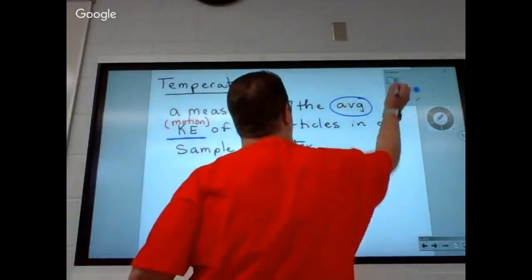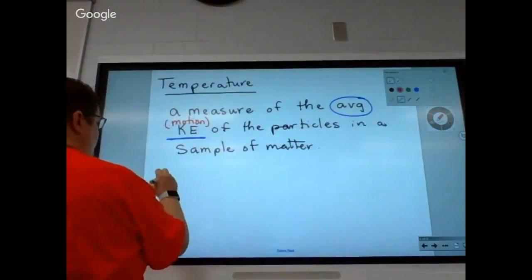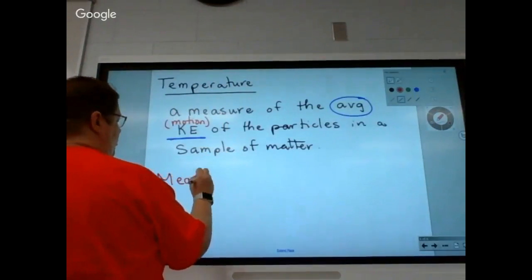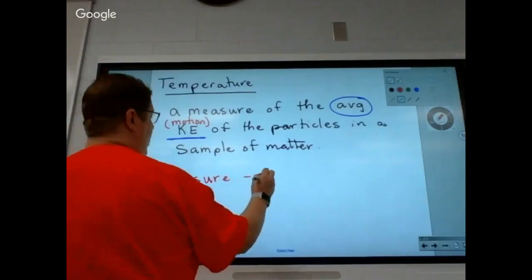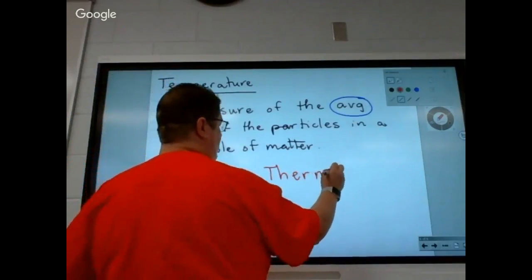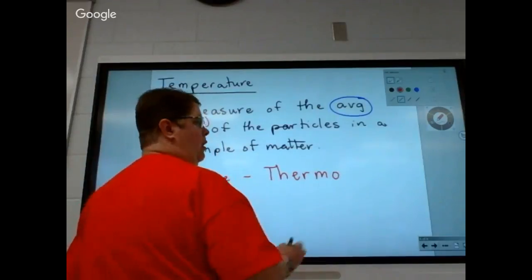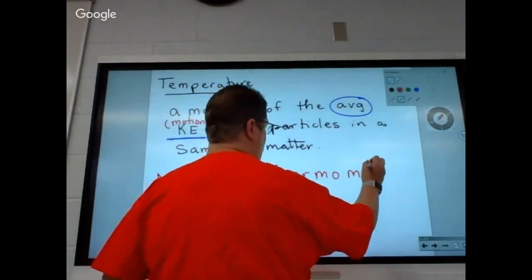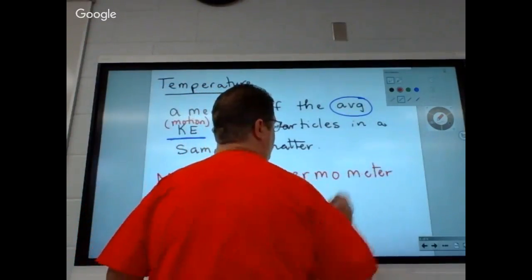Now, how do we measure temperature? We measure temperature with a what? With a thermometer. Now, for those of you who can't spell it, it's thermo, and then it's meter. It's a thermometer.